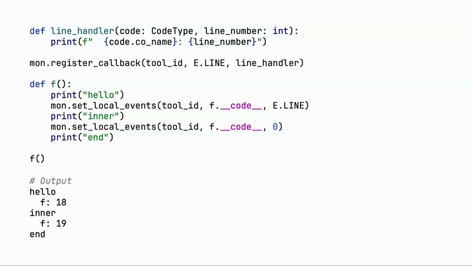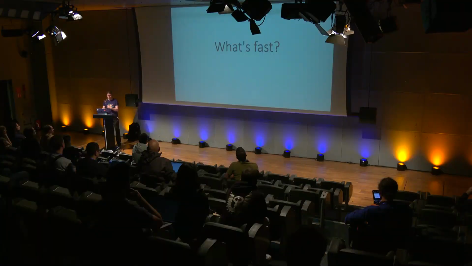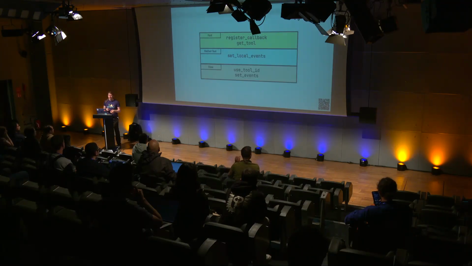That's pretty cool because this alleviates the need for having a line handler for every line. We just set a line handler for lines in the functions that we really need, and that speeds up so much. But now you might wonder, there are so many API functions, what's fast, what can we do easily?